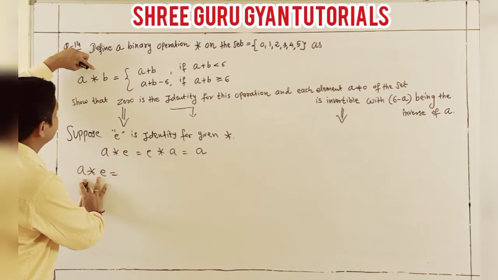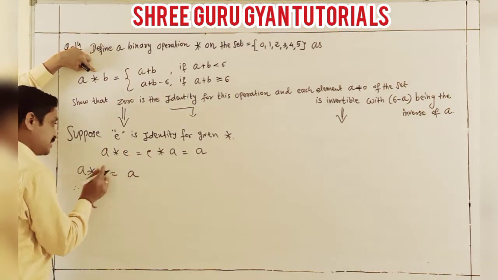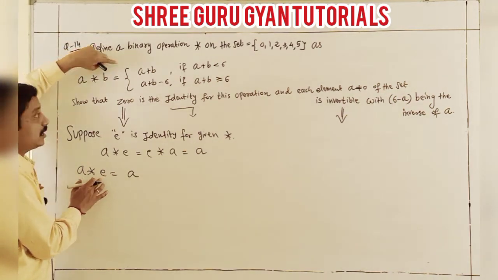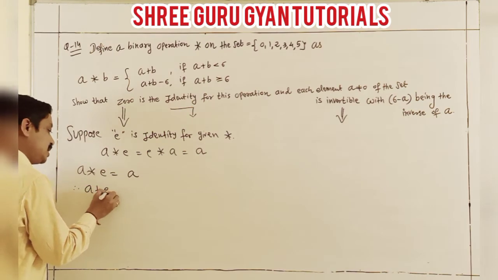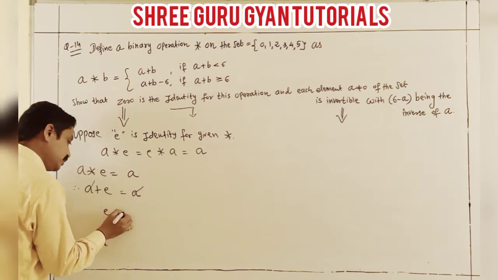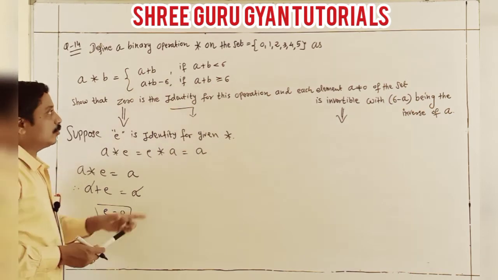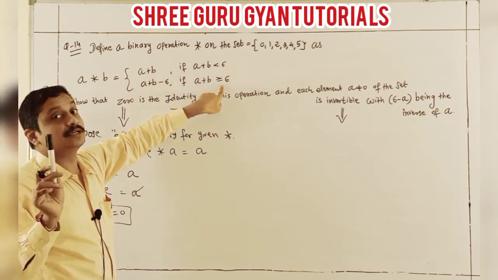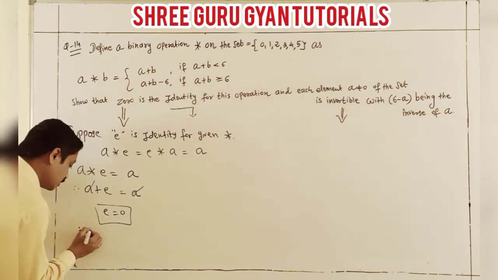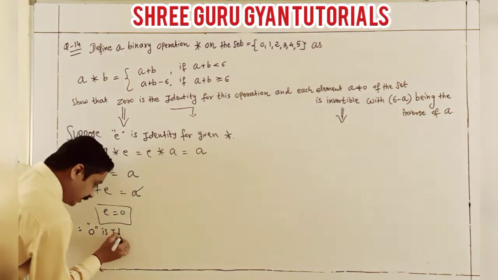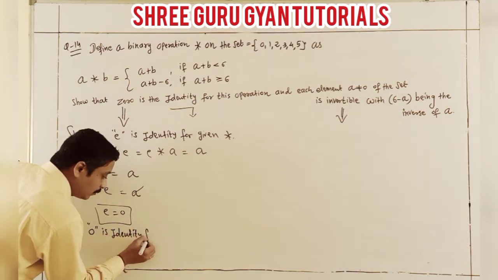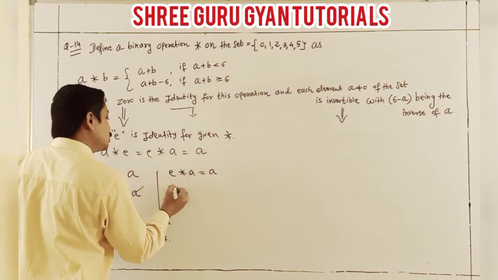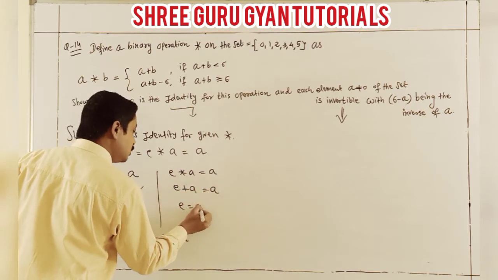A binary E: according to A binary B, A is the same and B is E. So A plus E is equal to A, cutting A, E is equal to 0. We do not use the other case, because 0 is under 6, not above 6. So 0 is the identity for the given binary. Similarly, checking E binary A, you write E plus A, E is equal to 0.